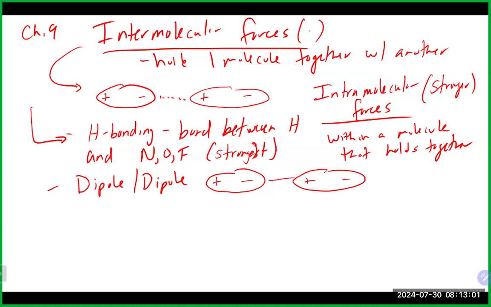So these two are really the forces that we see used with polar molecules. Obviously, if the molecule has the ability to hydrogen bond, it's going to choose hydrogen bonding. If it is a polar molecule but doesn't have a hydrogen to hydrogen bond with, it will use dipole-dipole interaction.